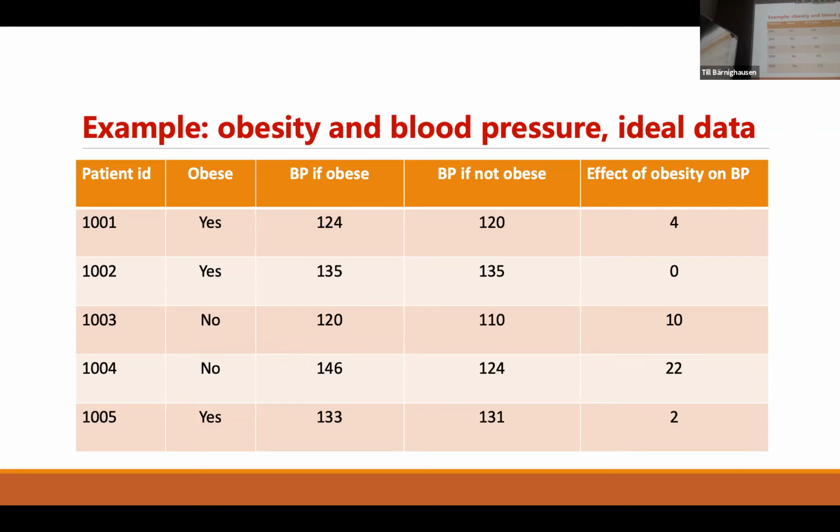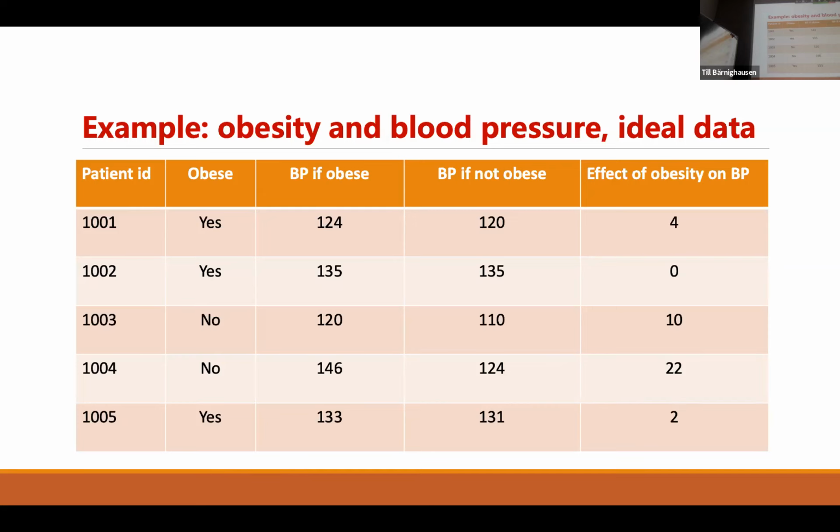And for the second individual, we can calculate it the same way by subtracting 135, the blood pressure for this patient if he's not obese, from 135, the blood pressure if he's obese. So the causal effect of obesity on blood pressure for this second individual is actually 0. These are individual-level causal effects of obesity on blood pressure in the ideal data.